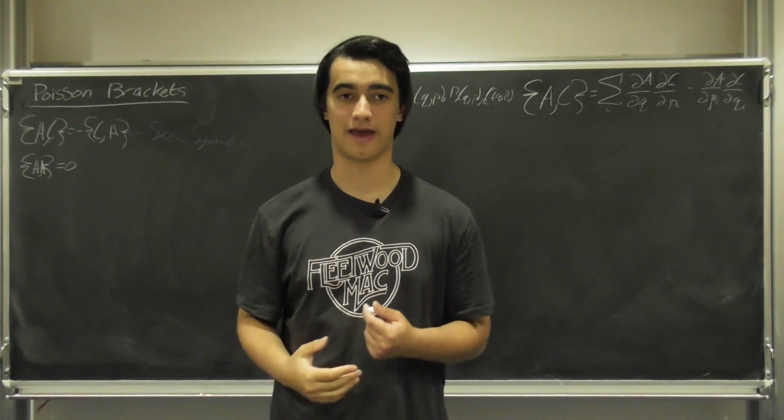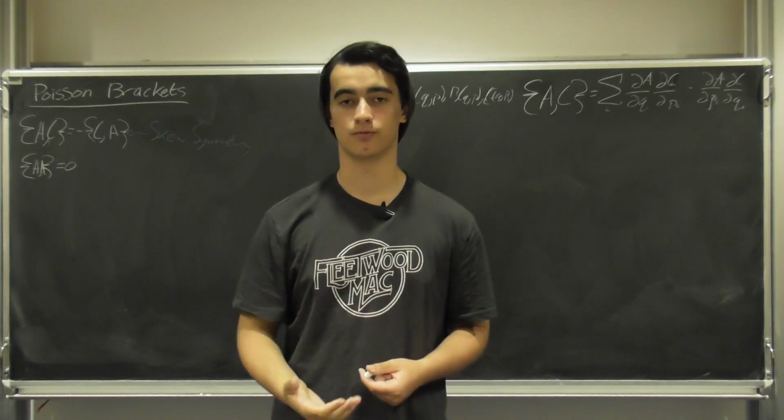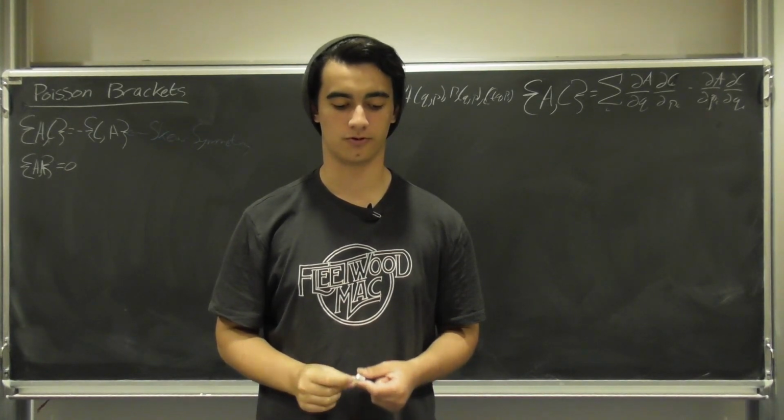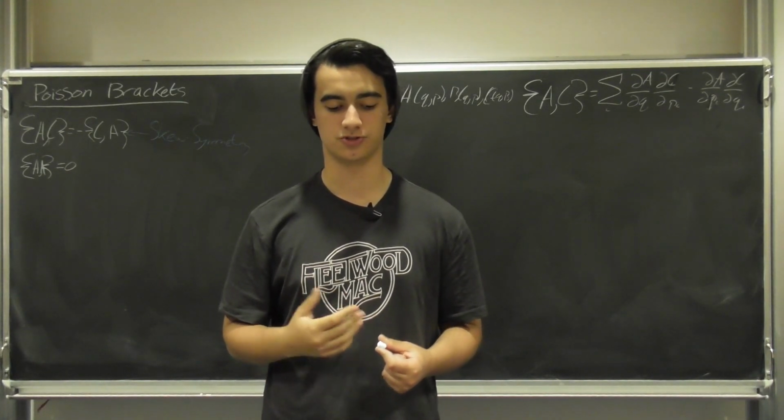Next up, we're going to have a look at linearity. We're going to show that the Poisson bracket is a linear function, and for that, we need to show two things.